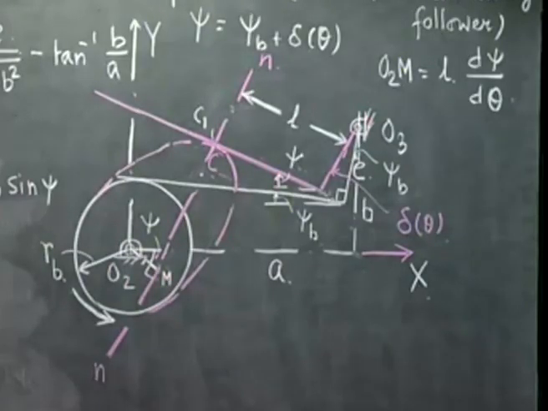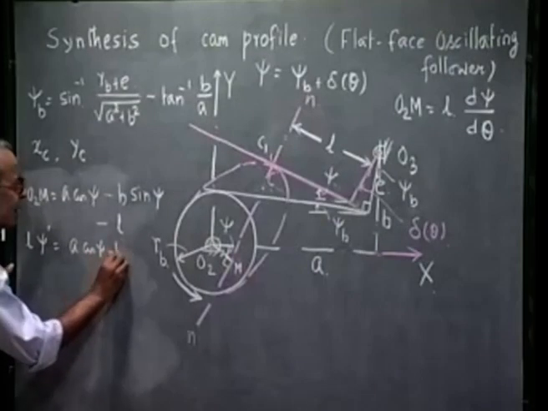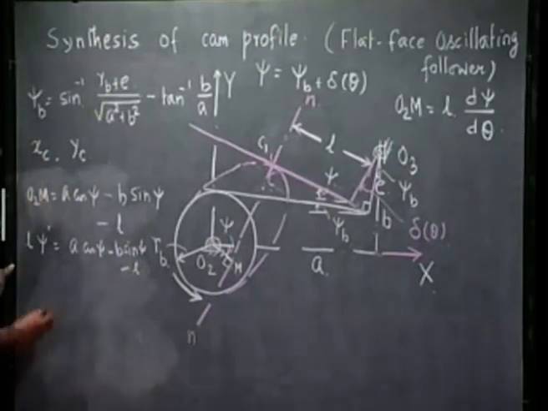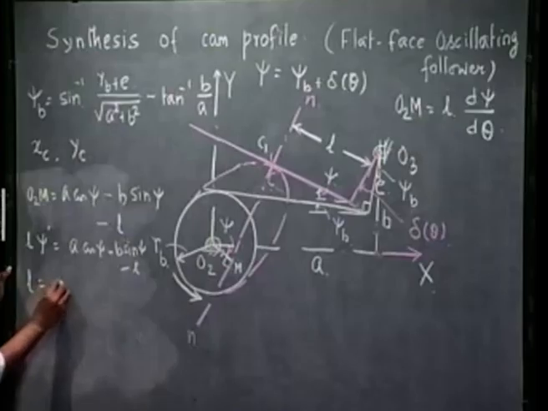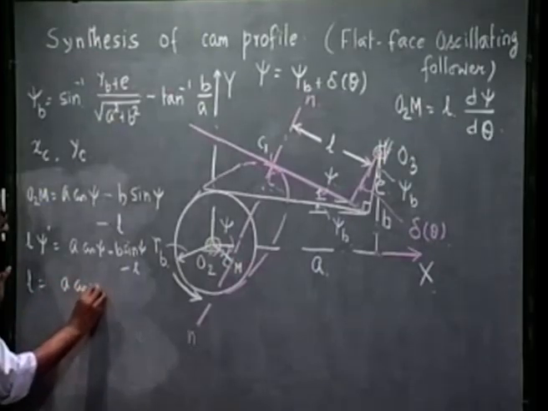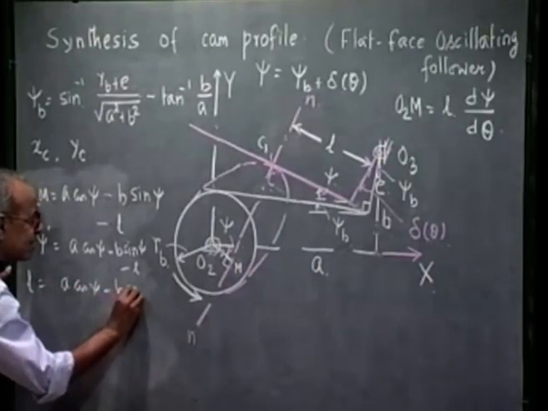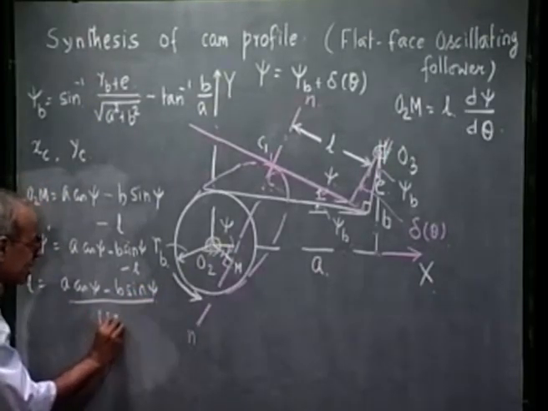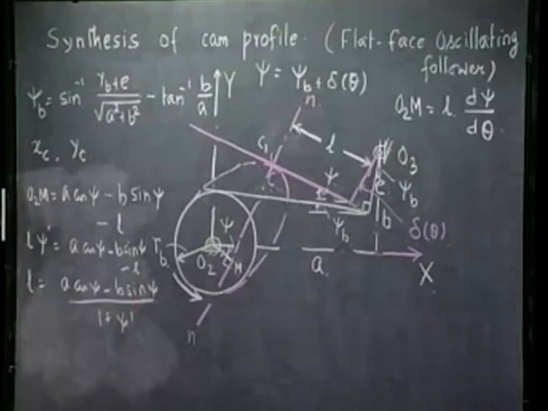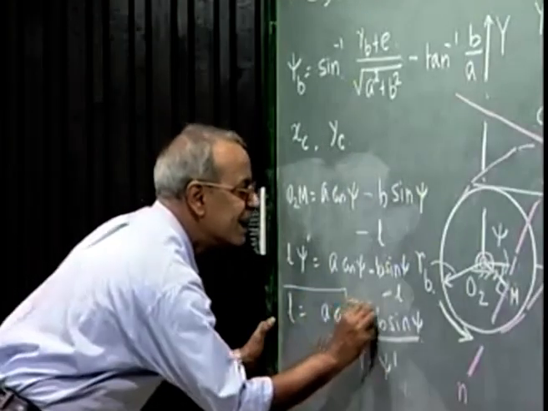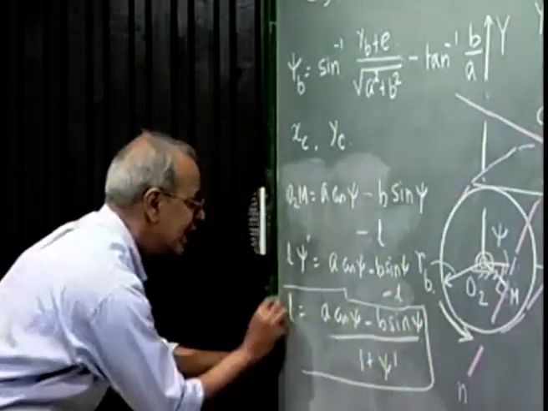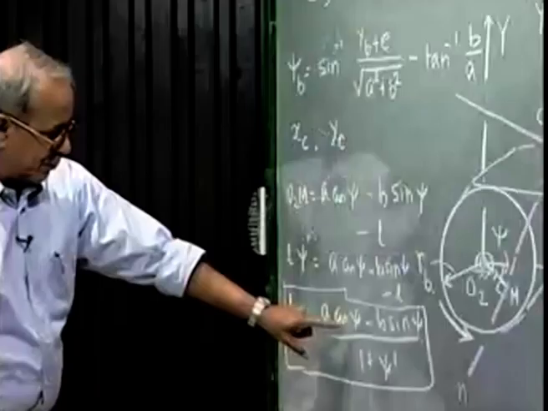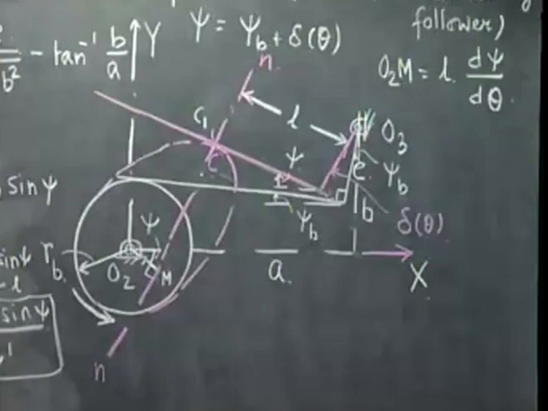So this is A cos psi minus B sin psi minus L. So that gives me L equal to A cos psi minus B sin psi divided by 1 plus psi prime. So I get this distance L, which changes with theta because psi is a function of theta.